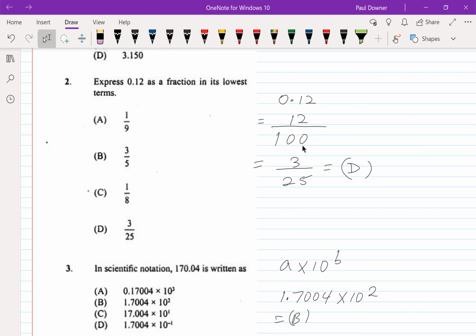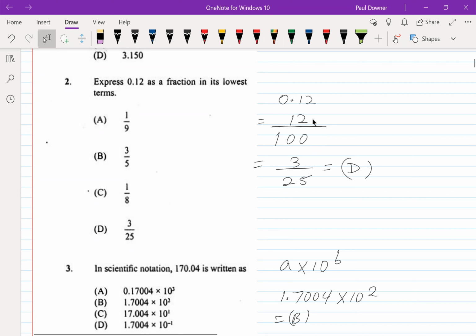Then we have the fraction, but we have to put it in its lowest terms. So in its lowest terms, look for common factors of 12 and 100, factors being numbers that could go into 12 and 100 without leaving any remainders, and divide both the numerator and the denominator by those common factors. A common factor of 12 and 100 is 4.